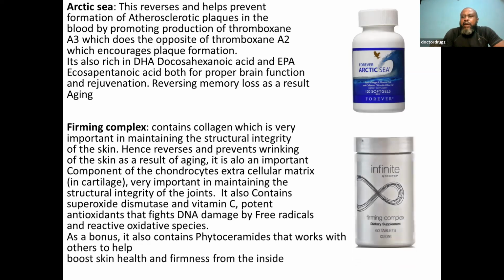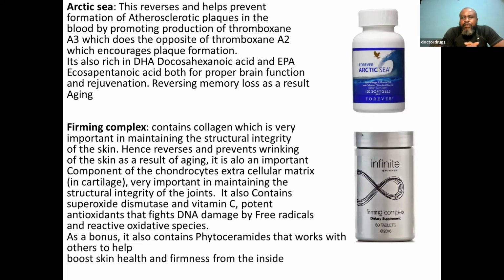Now, there's a very unique product called Infinix Firming Complex. This contains collagen amongst others, which is very important because one of the major things that people use to measure someone that is old is what? Wrinkled skin. So once people begin to appear younger, some people are actually 70 or 70-something, but if you look at their skin and you just judge by their skin, you may think they're in their 40s, because the fibroblasts in their skin are producing very wonderful collagen that is holding their skin together.